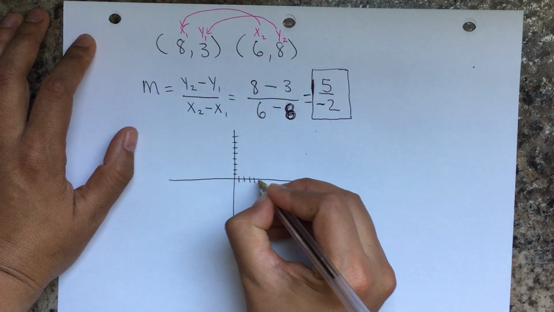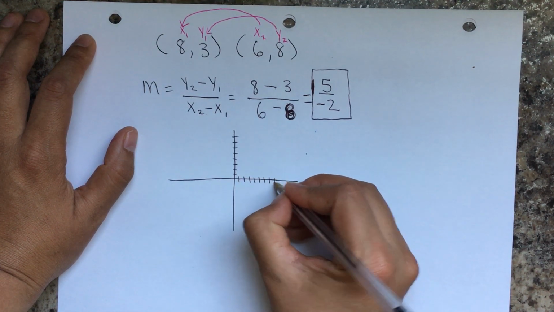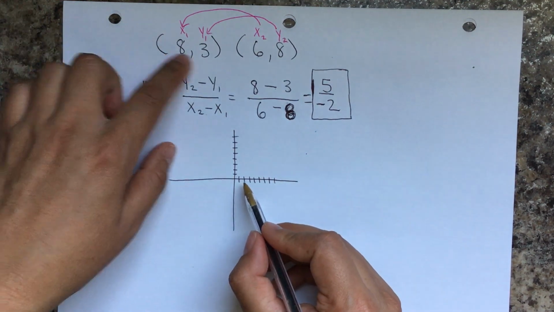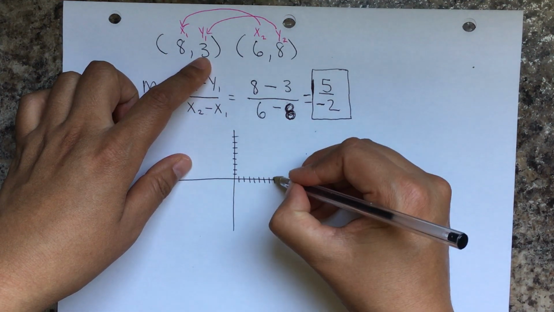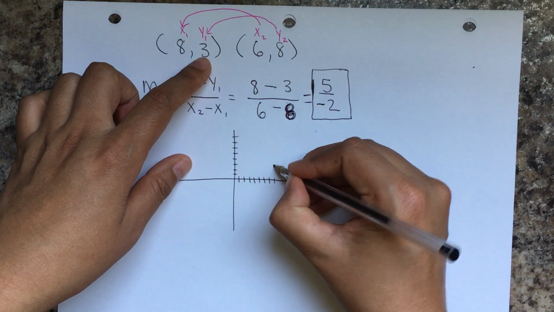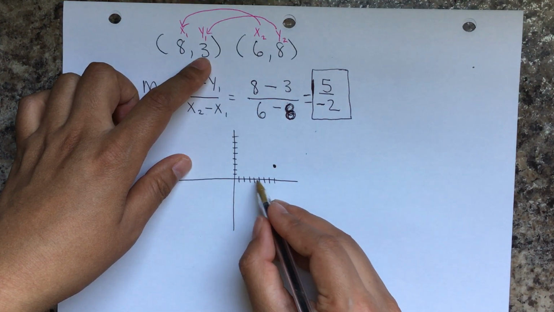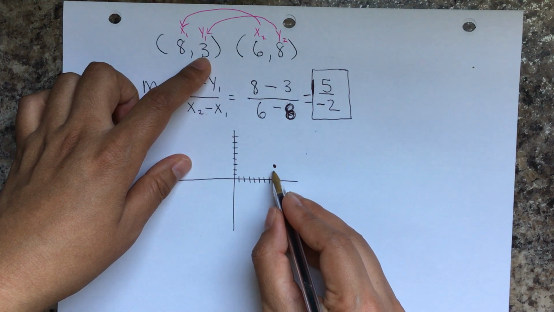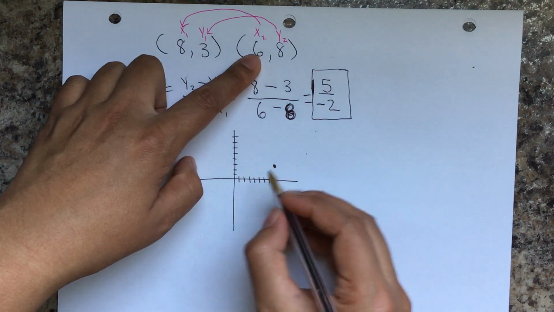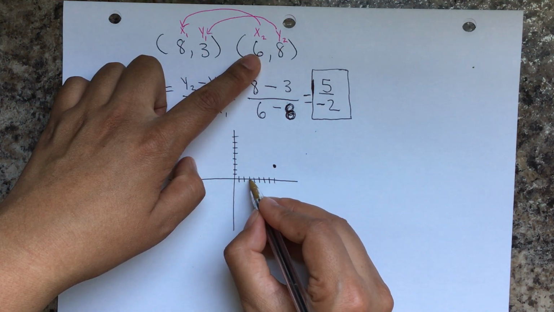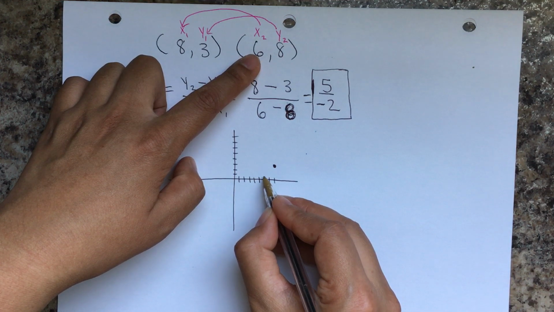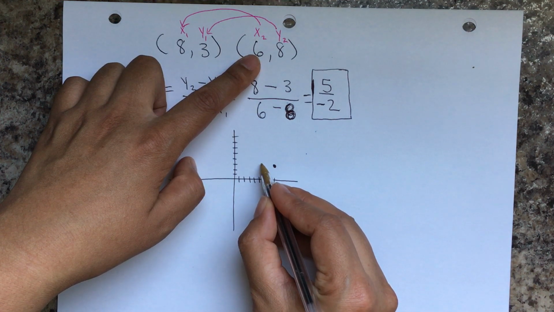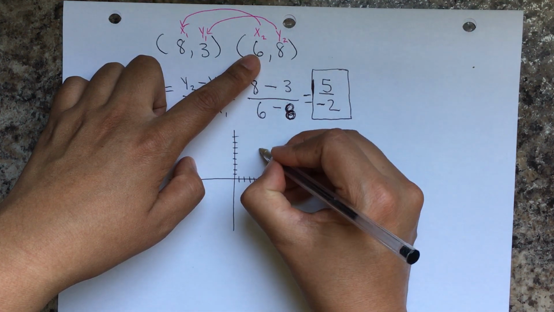So 8, 3 will be right there. Then 6, 8 is 1, 2, 3, 4, 5, 6 right there.